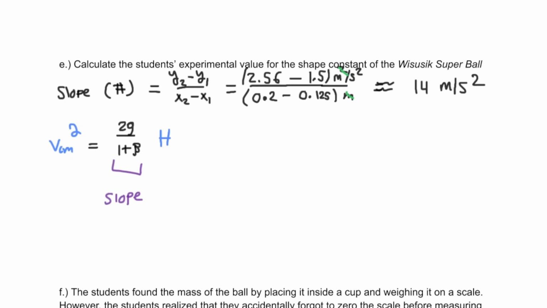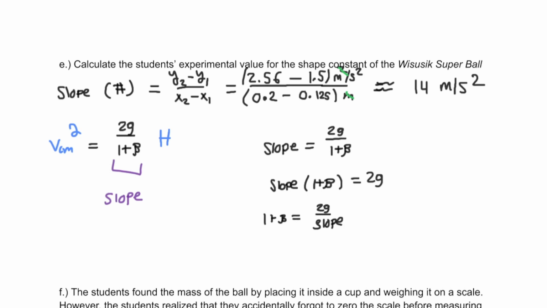So therefore, we can set up an equality here. We can multiply both sides by 1 plus beta and get slope times 1 plus beta is equal to 2g. So we get 1 plus beta equals 2g divided by the slope, which means that beta is equal to 2g divided by the slope, minus 1.